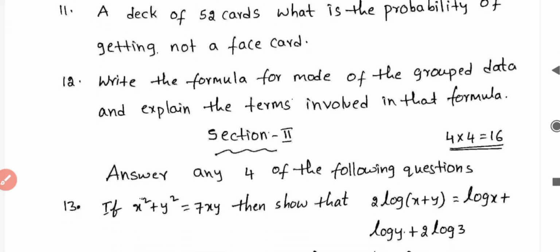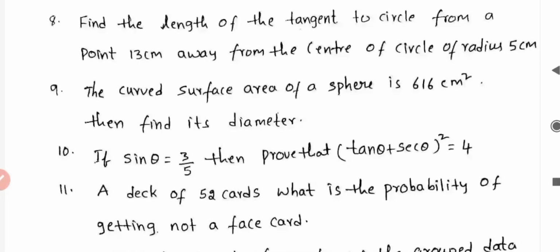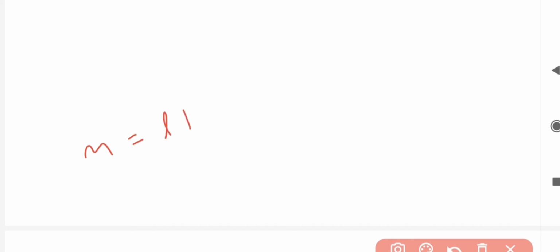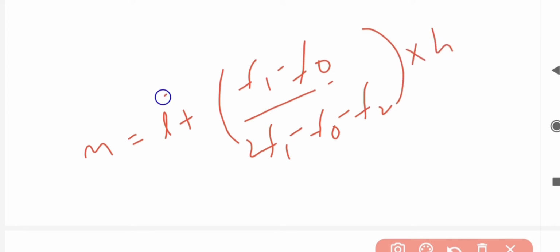Next, write the formula for mode of the grouped data and explain the terms involved in the formula. Mode equals L plus F1 minus F0 by 2F1 minus F0 minus F2, into H. So L means the lower limit of the modal class.